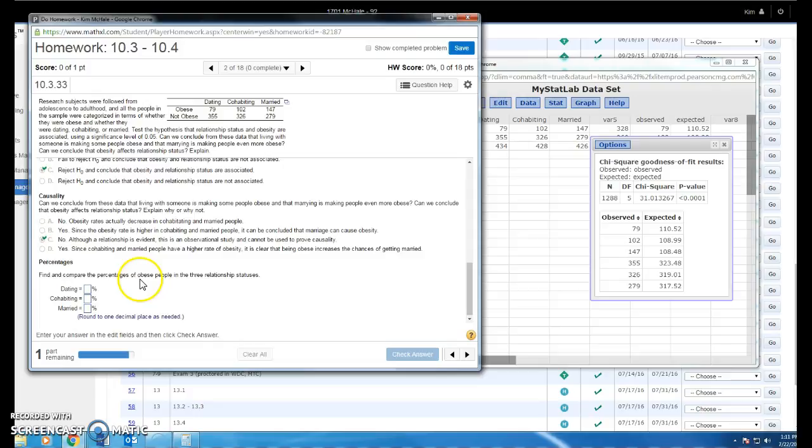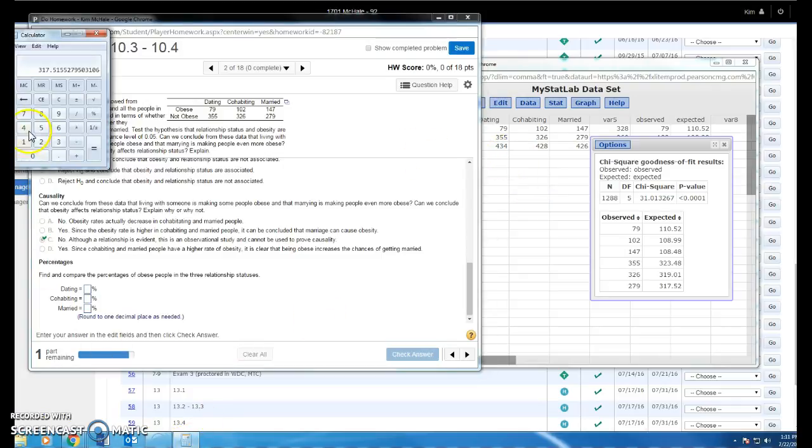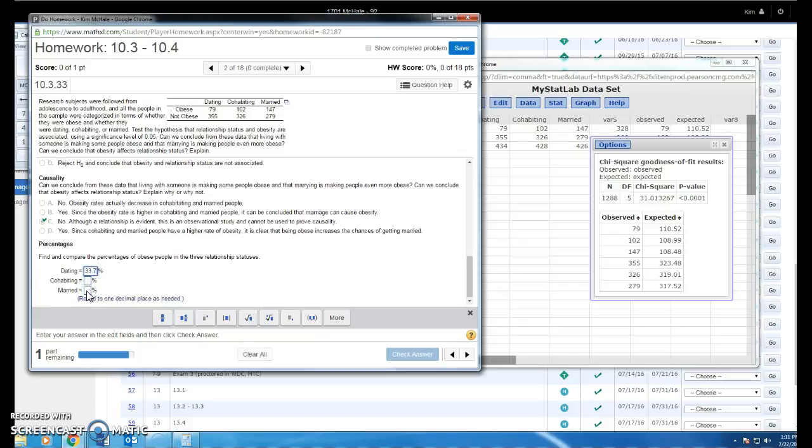Find and compare the percentages of obese people in the groups. So to find the dating percentage, I would take 434 divided by 1288. That's the total dating divided by the total. And I get 33.7%.